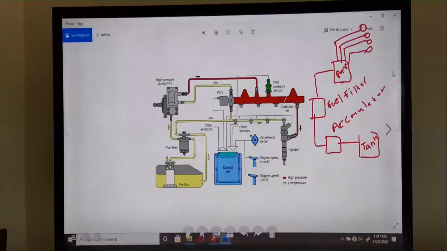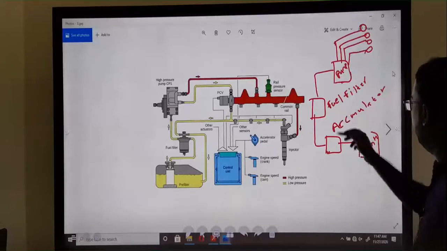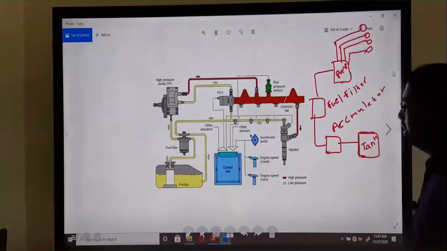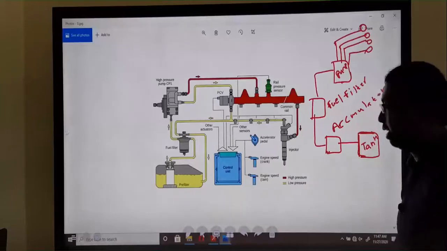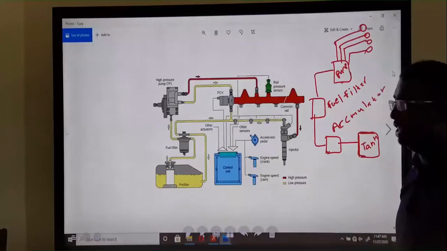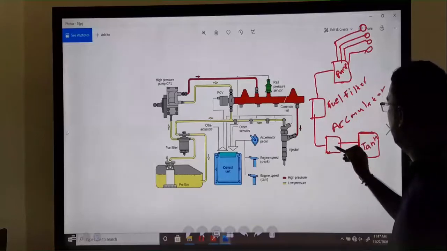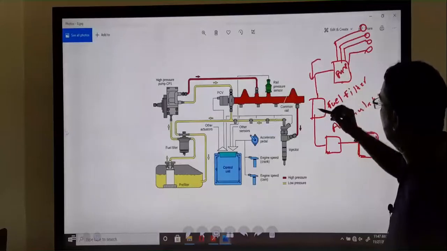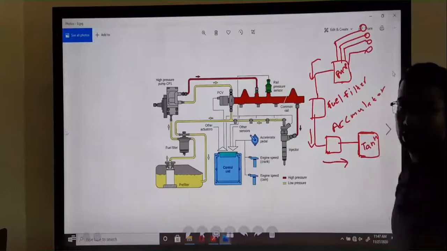So what is the use of this accumulator? Normally in old vehicles you can see the accumulator connected with the supply line before the fuel filter. It is the same as our water pump. When we turn off the ignition switch, there is a pressure drop, and the fuel goes back down to the tank.